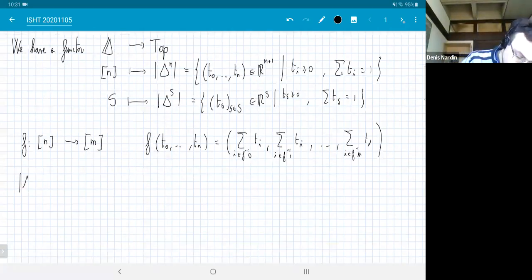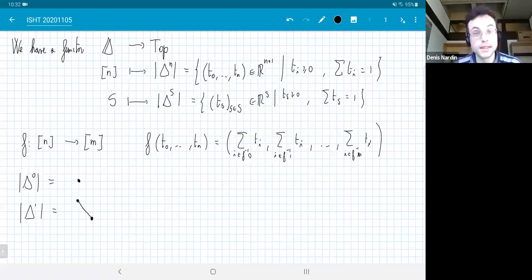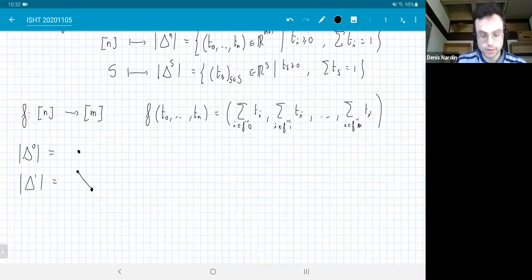So concretely, this is just a point, the geometric 0-simplex. And this is just one simplex indeed. If you took algebraic topology 1, you might remember these guys from the definition of singular homology.